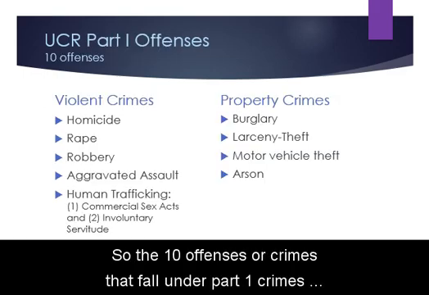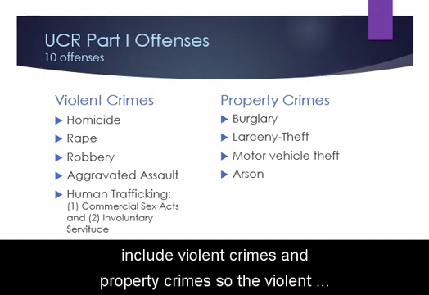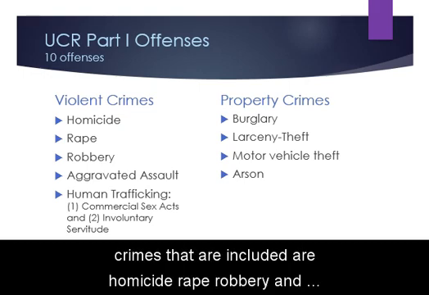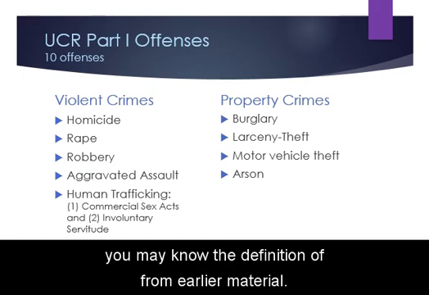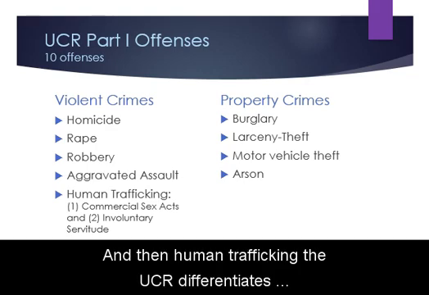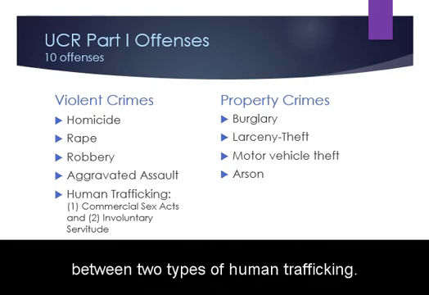So the 10 offenses or crimes that fall under Part 1 crimes include violent crimes and property crimes. So the violent crimes that are included are homicide, rape, robbery, and aggravated assault. And so those are some things that you may know the definition of from earlier material. And then human trafficking, the UCR differentiates between two types of human trafficking.